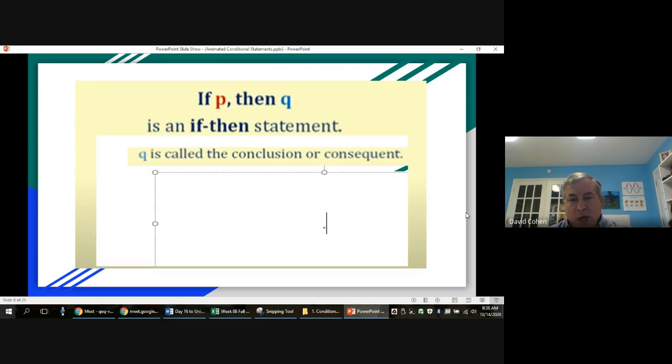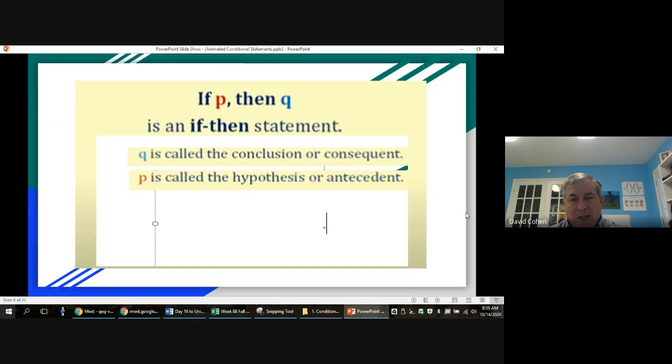And so maybe write down the if P then Q. Q again is the conclusion. I would abbreviate it CON, or CL. And the P is called the hypothesis or antecedent, P or HYP for hyp. Remember, there's a P in hypothesis.